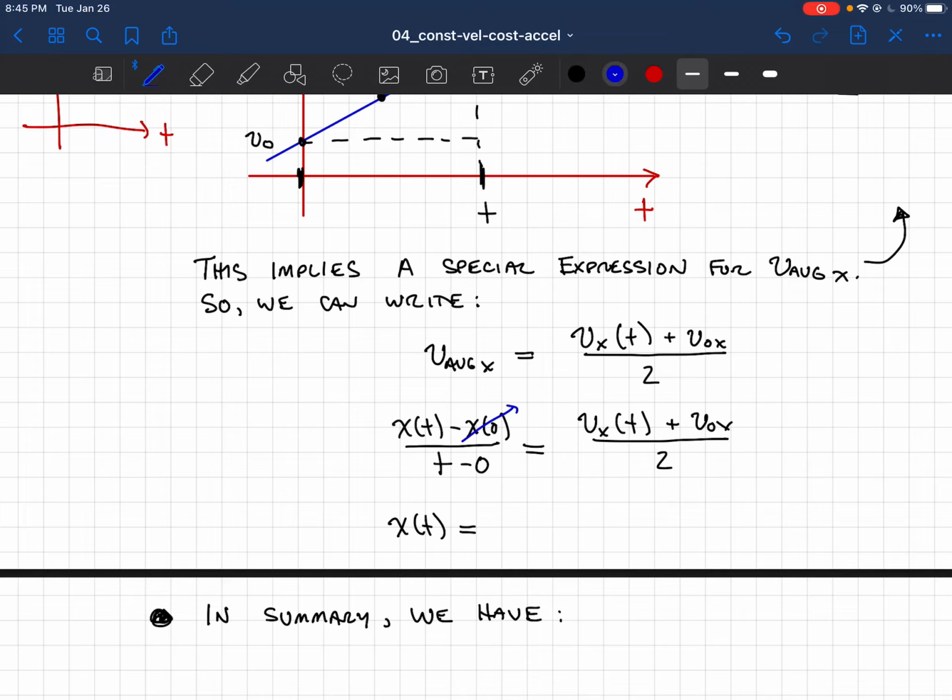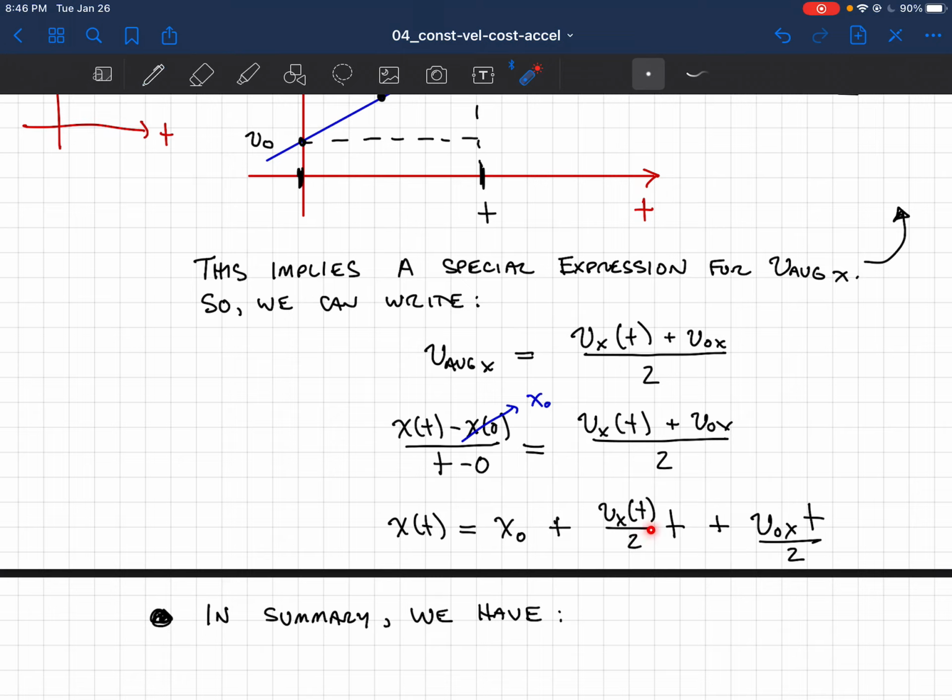So remember, x of 0 becomes x sub 0. Then this becomes x0 plus vx of t over 2 times t plus v0x times t over 2. And now we're not quite finished.